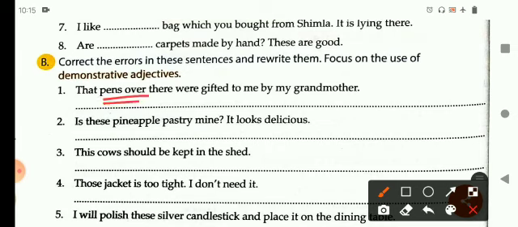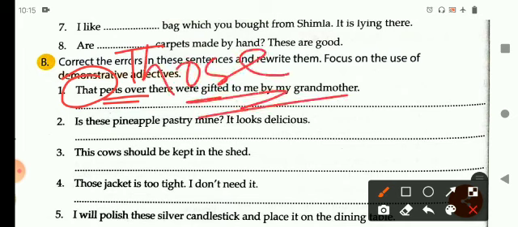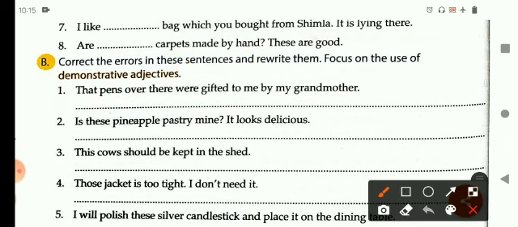Those are plural noun, but the demonstrative which is used is the wrong one. So here we will use those, plural form of demonstrative adjective. So those pens over there were gifted to me by my grandmother.